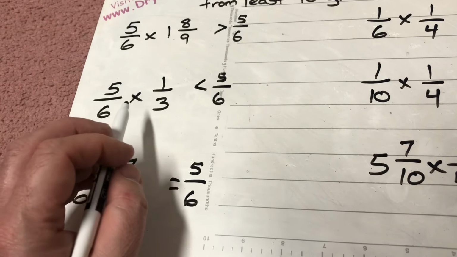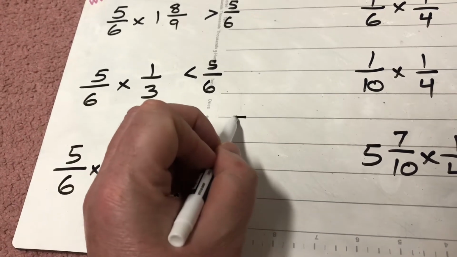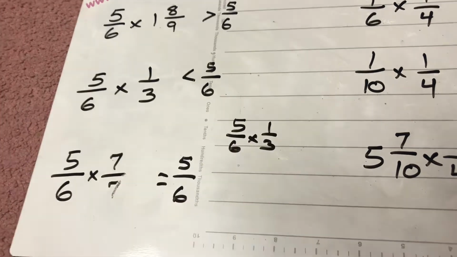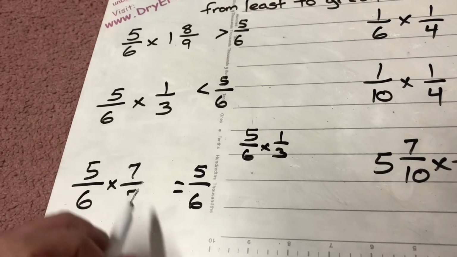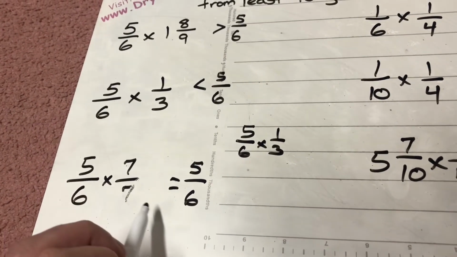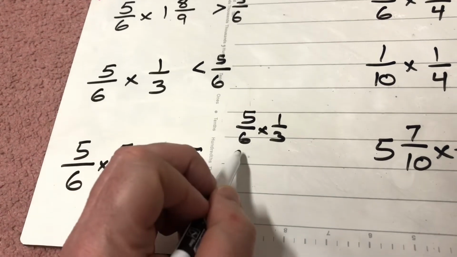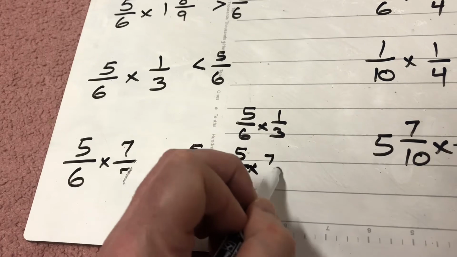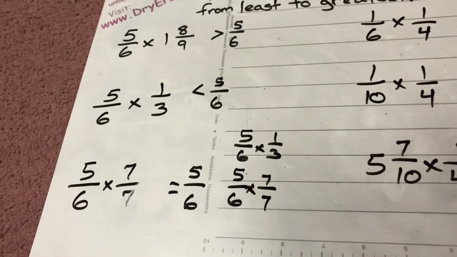this, where the product is less than 5/6. So that one will come first, 5/6 times 1/3. And what would come next will be this one then, where it's equal to 5/6. So 5/6 times 7/7, because we want to put the original problem.